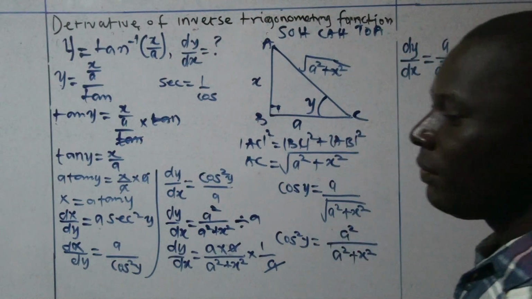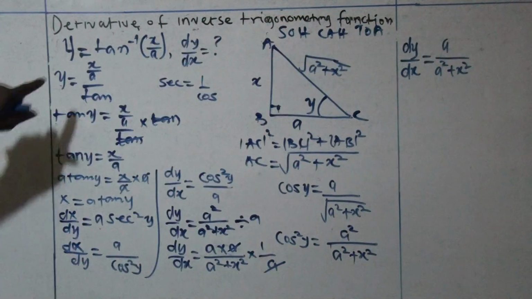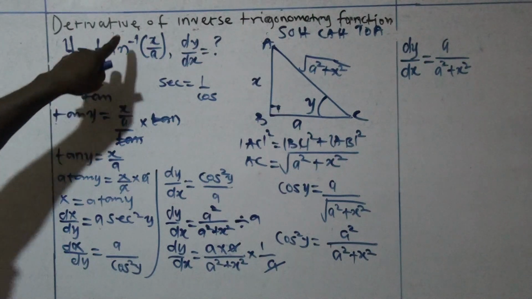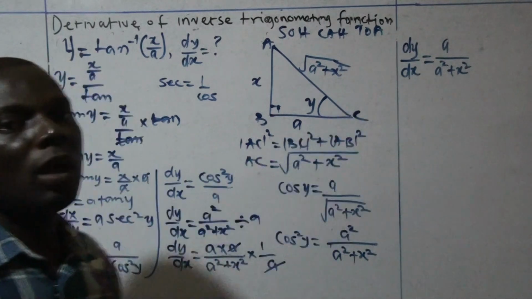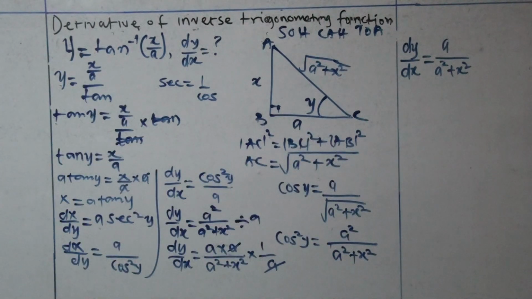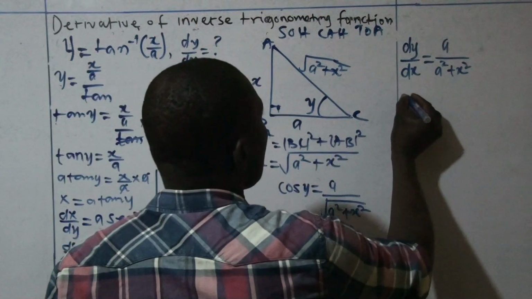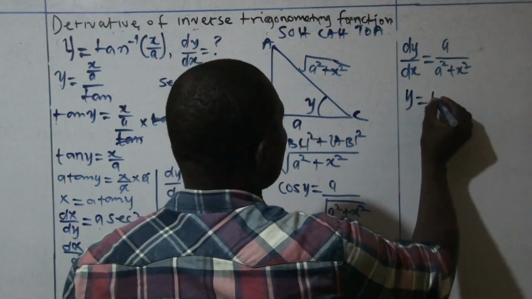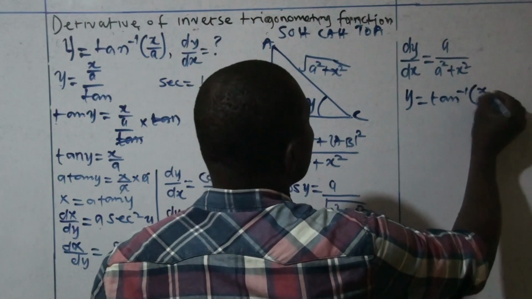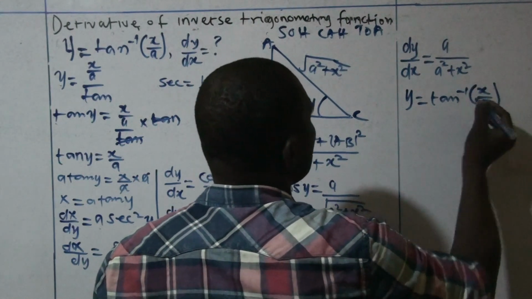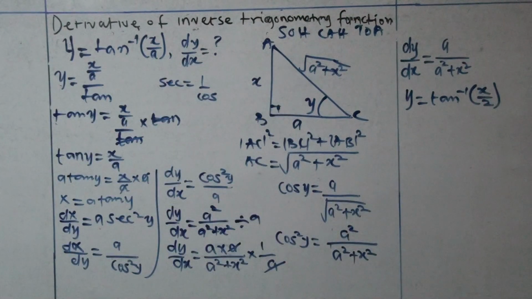So the derivative of y equal to tan inverse of x over a is equal to a all over a squared plus x squared. For instance, we are given y is equal to tan inverse of x over 2, and asked to find the derivative.